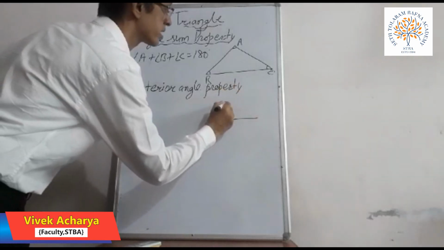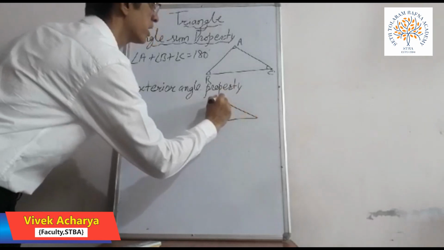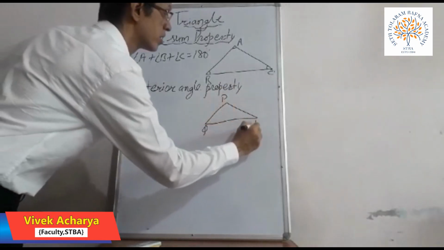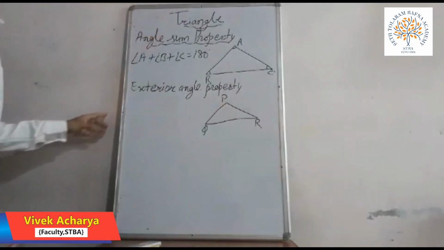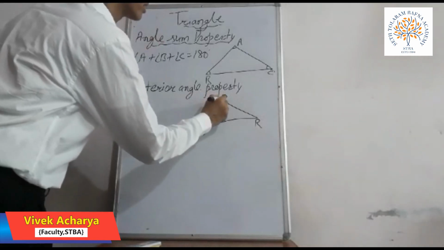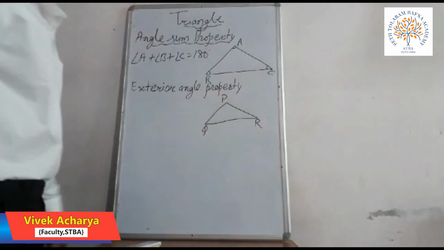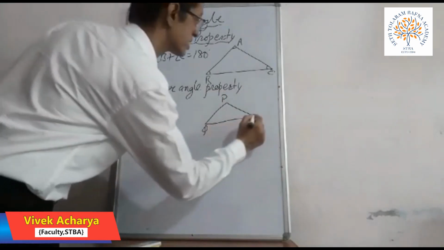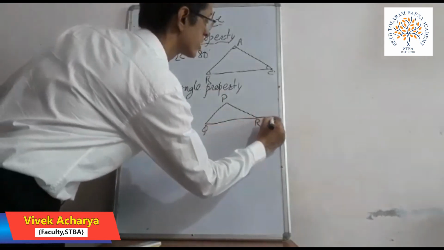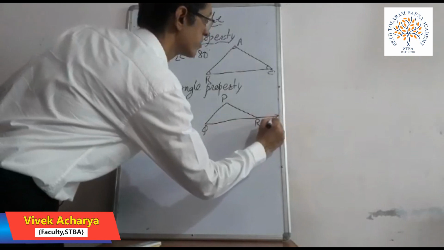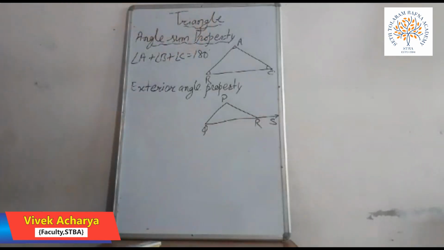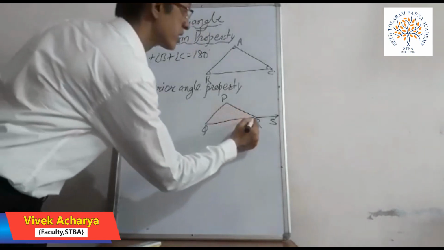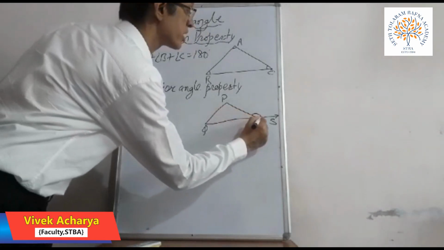If I make a triangle PQR and if I extend any side of the triangle, for example, if I extend side QR, then the exterior angle is forming there.